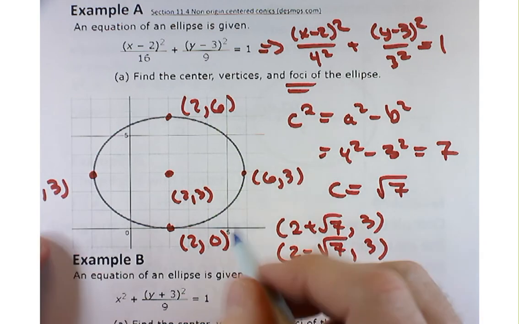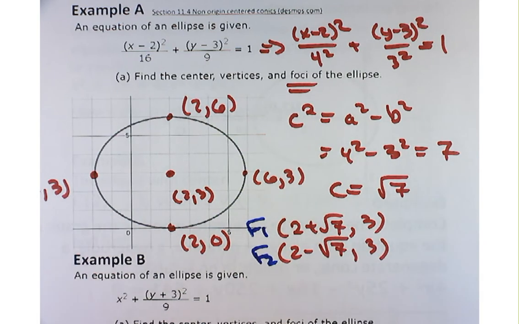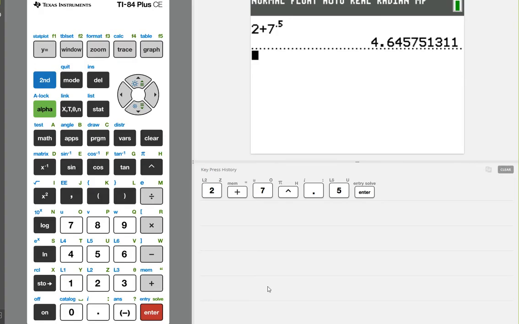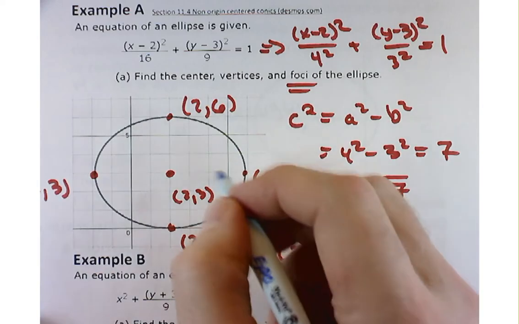So call it F1 and F2. I don't know exactly what 2 plus the square root of 7 is going to be. So let's just do that here. Oh, 2 plus the square root of 7, about 4.6. So, all right, it's actually going to be very close to the vertex here.